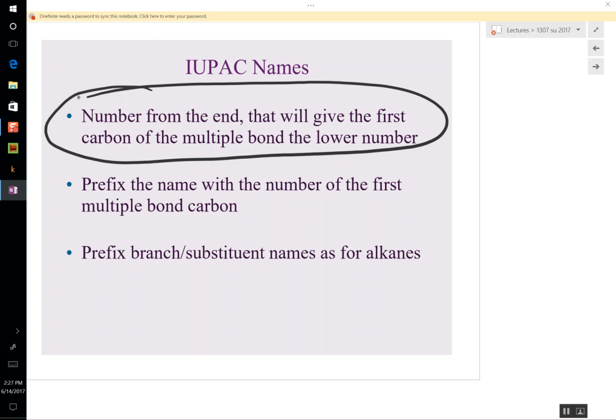So we're not looking for the first substituent on this long chain. Since it's going to be called heptene, and ene is in the name, we're going to look for the end of this 7-carbon chain that is closest to where that double bond starts. Everybody with me on that?